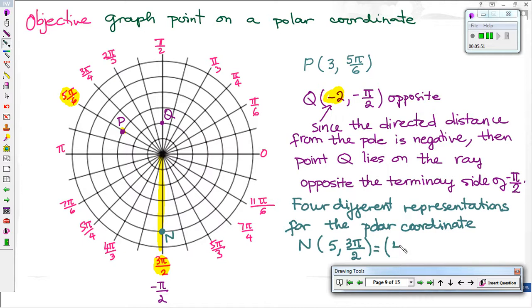The directed distance is 5. So 5, 3 pi over 2 plus another 2 pi. So this will be exactly the same point on the polar coordinates. Now let's go to point number 2.